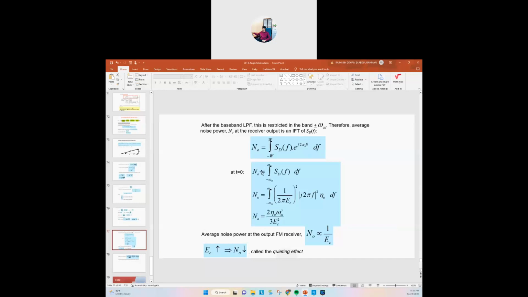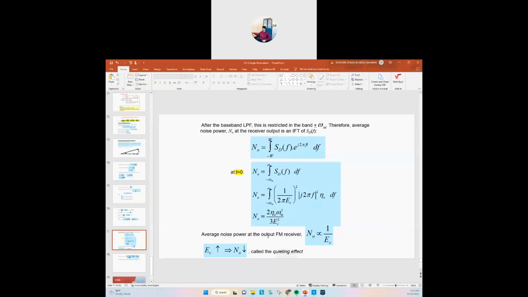This one is omega, not W. Remember at t equals 0, the exponential component becomes 1, because anything to the power of 0 becomes 1, so we're only left with S_D(f) df. Then S_D(f) expanded from the previous slides gives N0 equal to 2 eta N0 omega m cubed over 3 E_C squared.